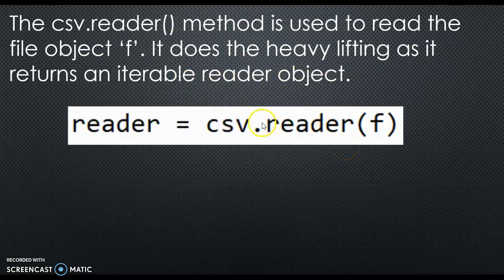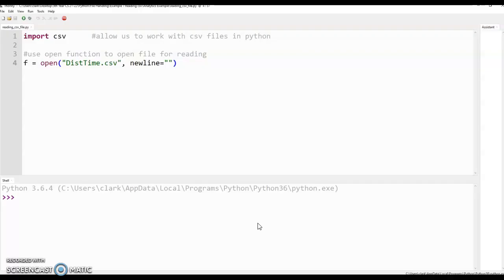And what we do here is we very simply say csv.reader, and what we want to read is this file object you put in here, and we're going to store that in a variable called reader.